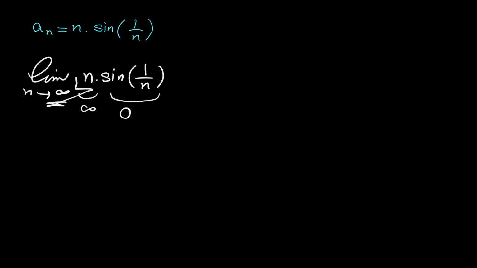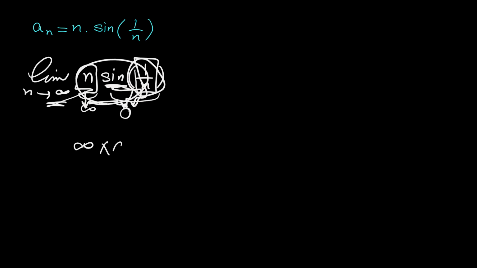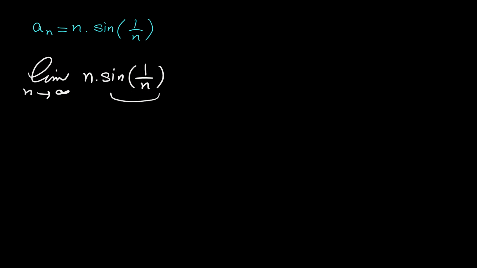When n approaches infinity, this goes to infinity. 1 over n approaches 0, and sine of 0 is 0. So this limit is in the form of infinity times 0. And infinity times 0 is indeterminate form. Don't make this mistake to think that infinity times 0 is 0.